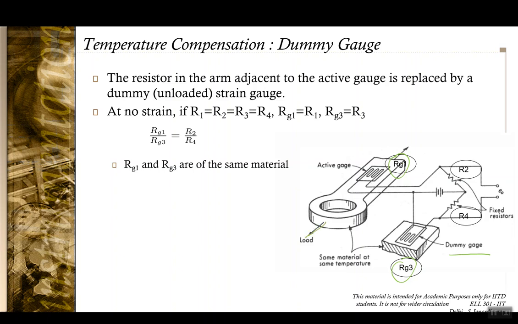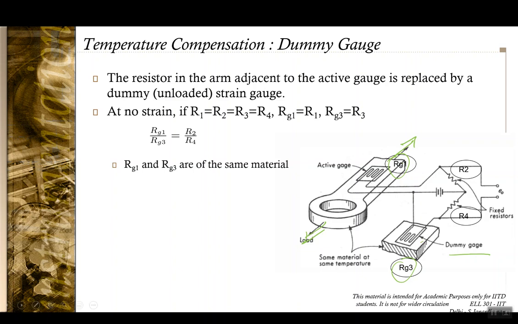However, only Rg1 is subject to the load, it's subject to strain. So Rg1 changes due to the temperature. Rg1 also changes due to the strain. Rg3 changes due to temperature. There is a variation in Rg3, but it is not strained at all.